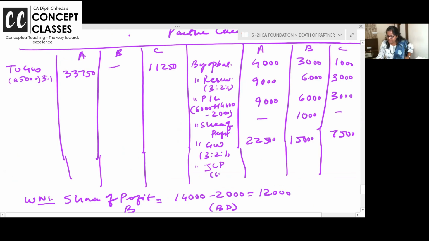By joint life policy, working note 3: 27,000 divided by 6, 1 by 6, is 4,500, its double 9,000, and 4,500 into 3 is 13,500. Nice and clear to all of you. Joint life policy treatment is something unique, very easy but unique. Is that clear to all of you?